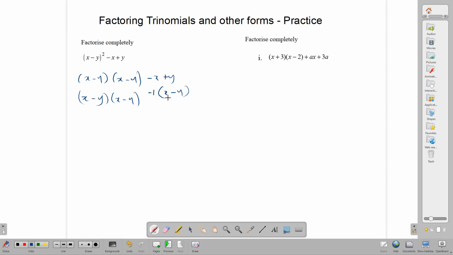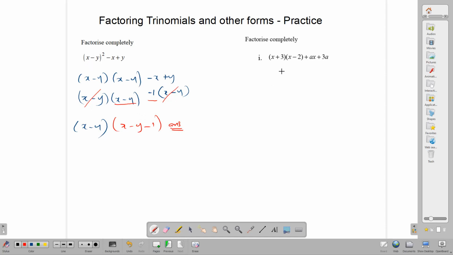We can factor out x minus y. So if we factor out x minus y from here and here, then what we have left with is this bracket and that number. That now is our answer to the factorization of this expression.